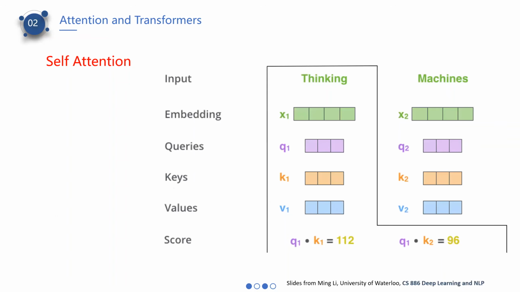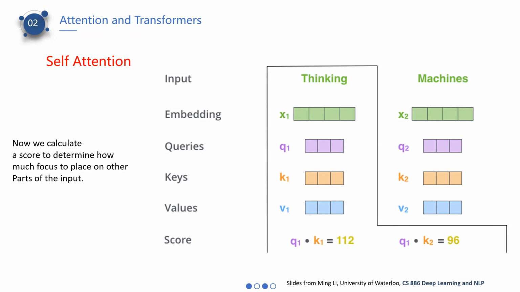Okay, so then we do the next step, and we'll take an example here. When we multiply, as you saw with the transpose, we multiply the query with the key for the first word, and let's say we get the number 112. Then for this one, we get 96. These are just made-up numbers, just to demonstrate what you're going to do.